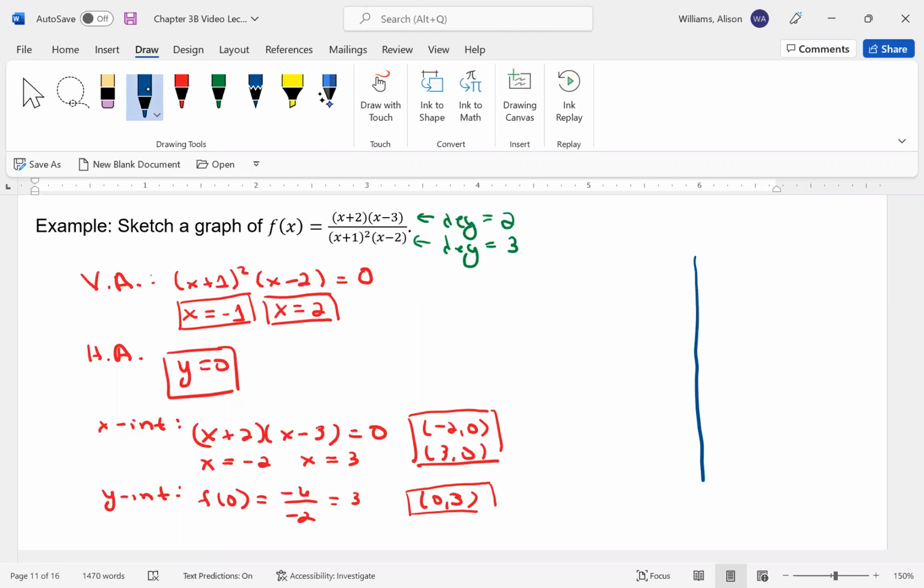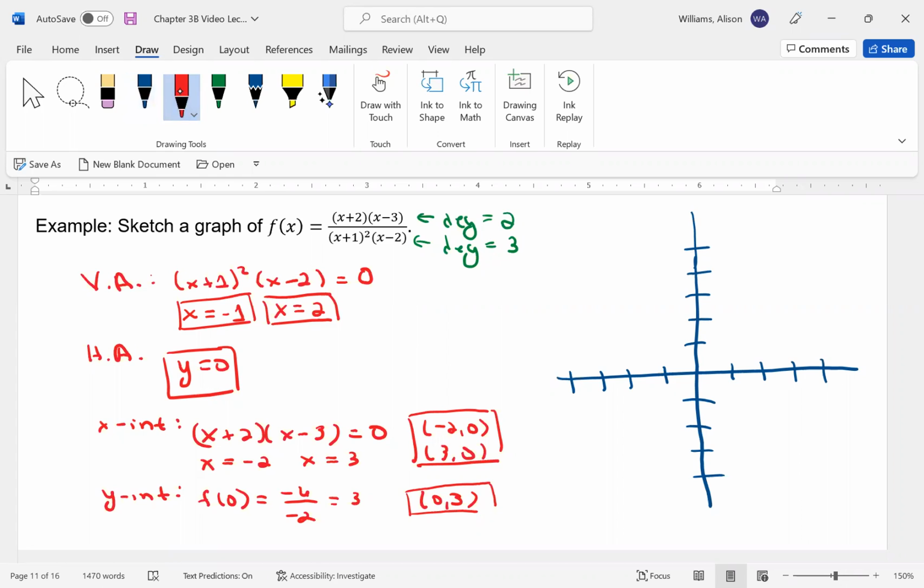Okay, here we go. We're going to rough sketch this. So x equals 2, we'll have the first vertical asymptote. x equals -1, we'll have the second. And then we also have 3, 0 as a magic point, -2, 0 as another magic point, and then 0, 3 is apparently another magic point. Let me fill out these tick marks.